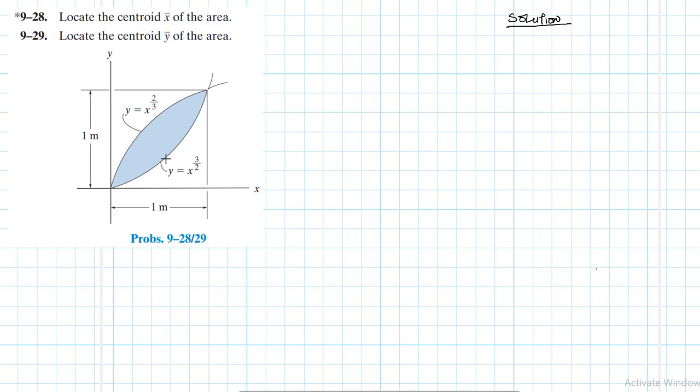What we have are two curves. We have one curve that goes like this, and then we have another curve, right? So we are subtracting one area from another area, right? So this is what is happening.